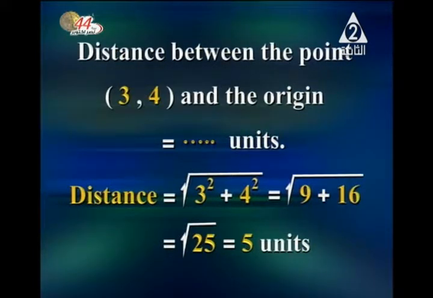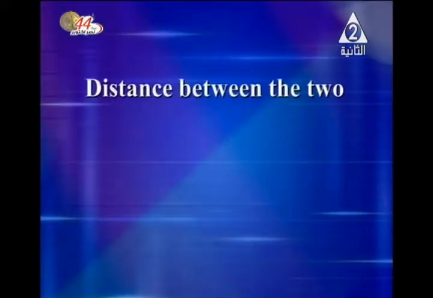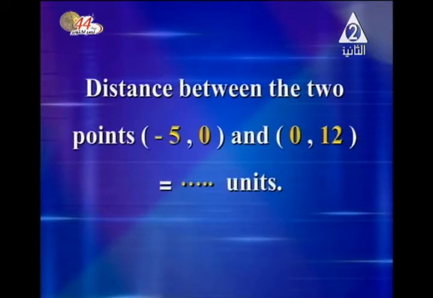Another example: the distance between the 2 points (-5, 0) and (0, 12) equals how many units? To find the distance between these 2 points, try to write x1, y1 for the first point and x2, y2 for the second point. And then try to find the distance by using the rule.